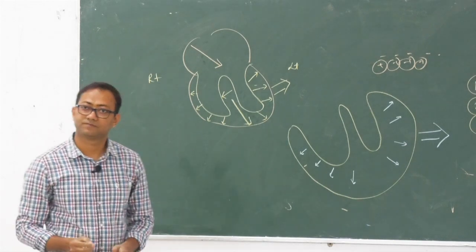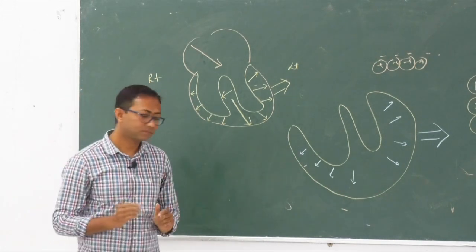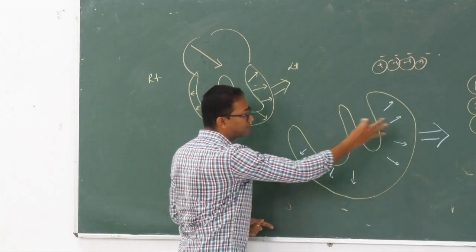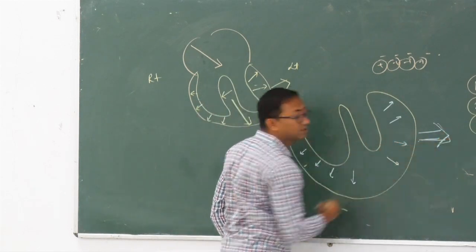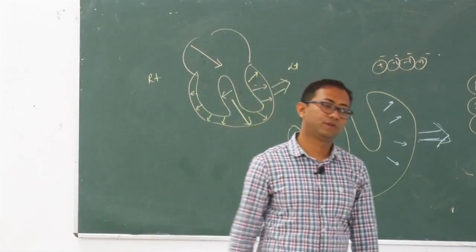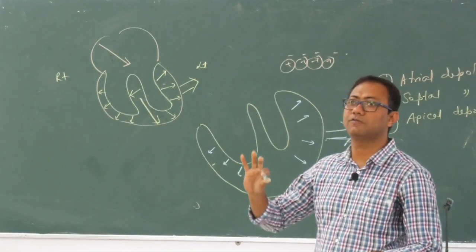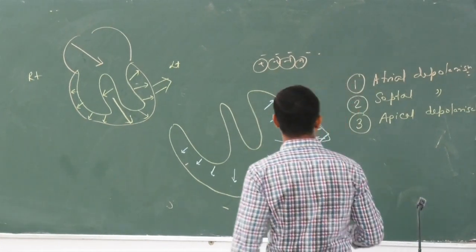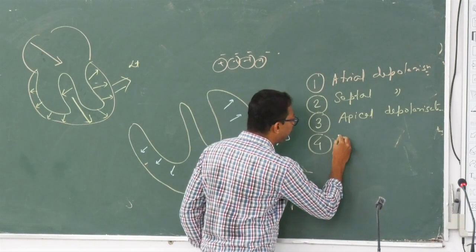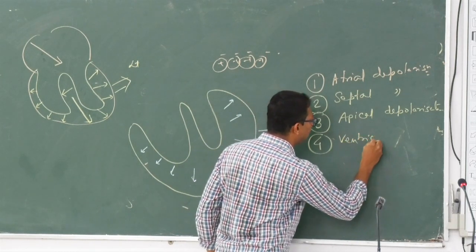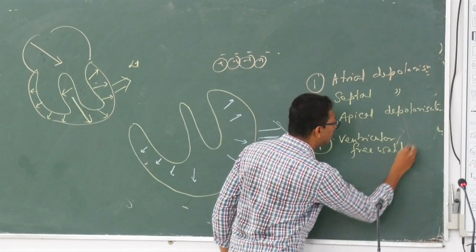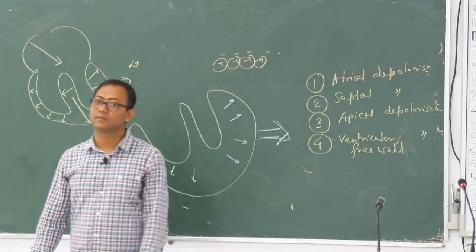That is the point. Doing all these vectors in class, we get this. So this is for depolarization of the ventricular free wall. So the fourth vector is ventricular free wall depolarization.